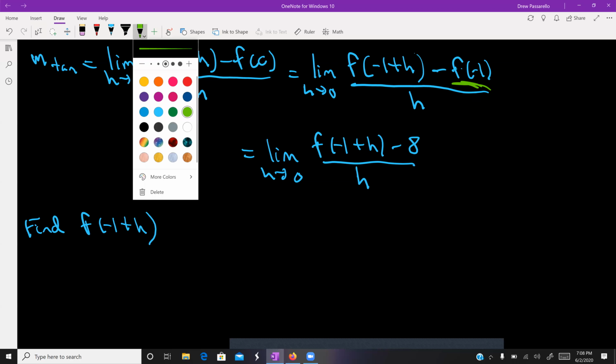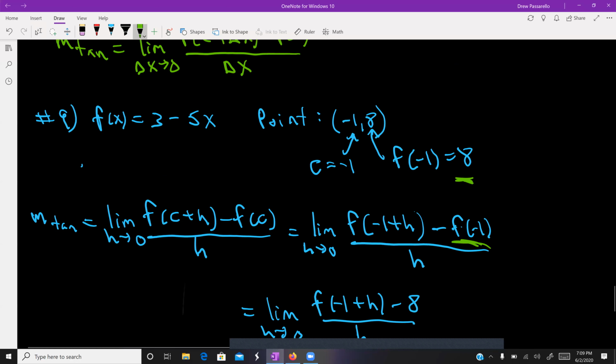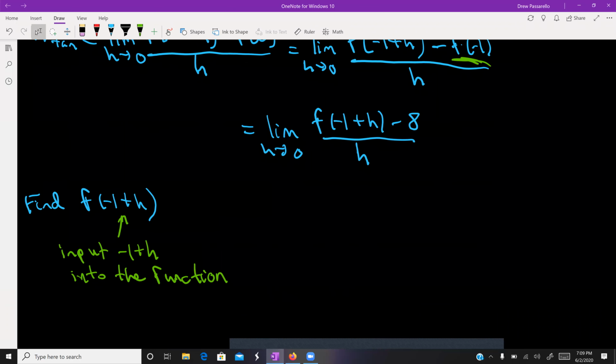And I'll use a different color. This means we're inputting negative 1 plus h into the function. Our function has an equation of 3 minus 5x. So this is going to be 3 minus 5, and in the spot for x, I put in negative 1 plus h.